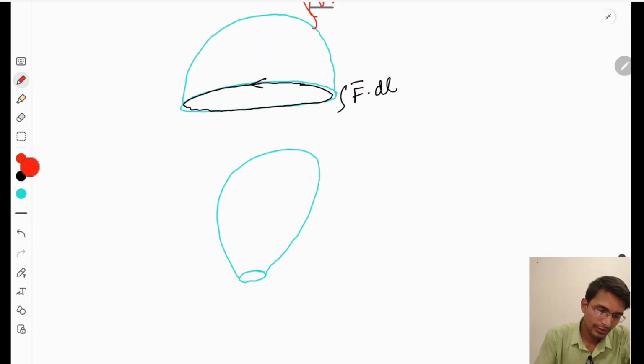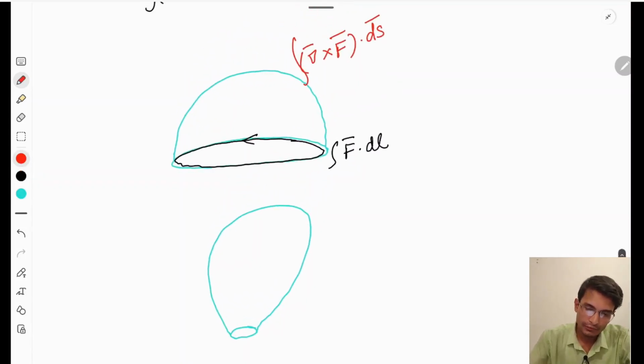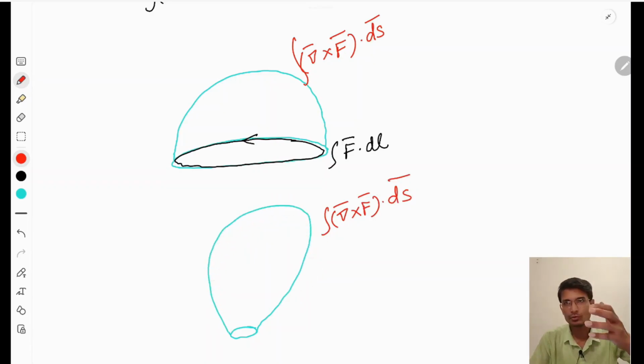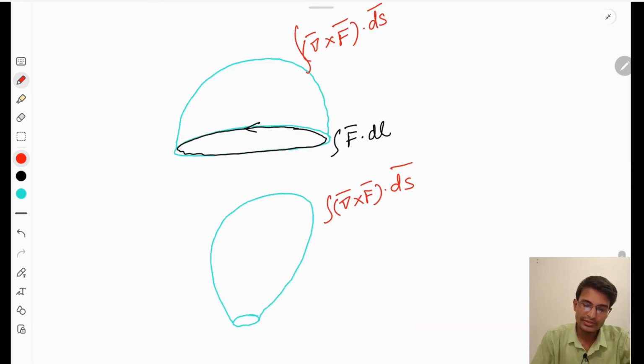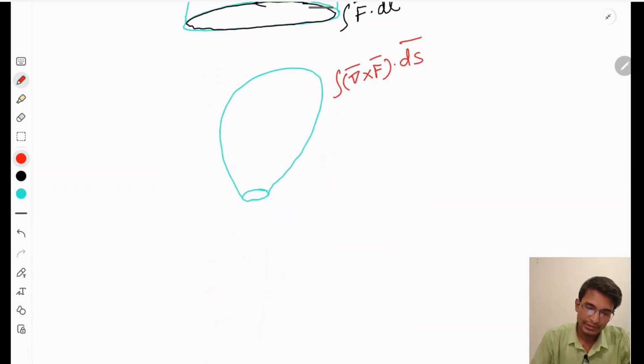Now if we take the curl of a vector quantity and integrate this over the surface of a balloon, then this is the same as taking the line integral of this vector quantity F about this boundary here.